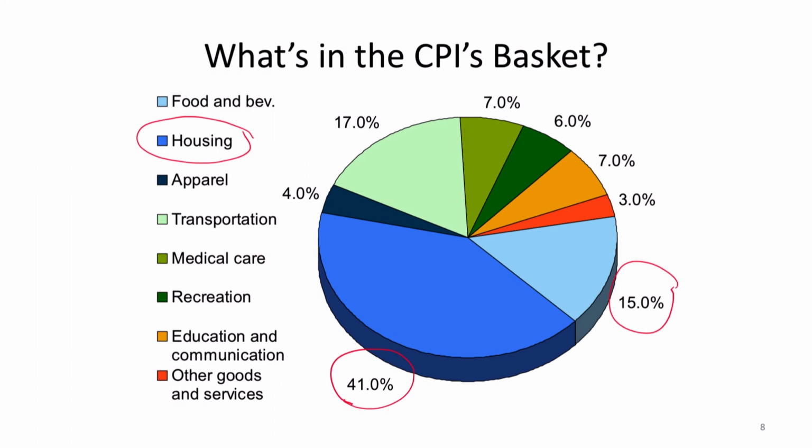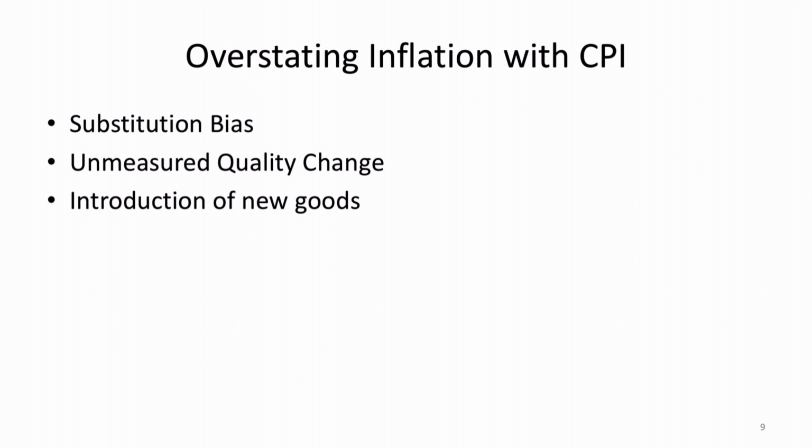Next, we have food and beverages, as well as things such as transportation, medical costs, recreation, education, and other goods and services. So the combination of all of these categories makes up the CPI basket for the United States.